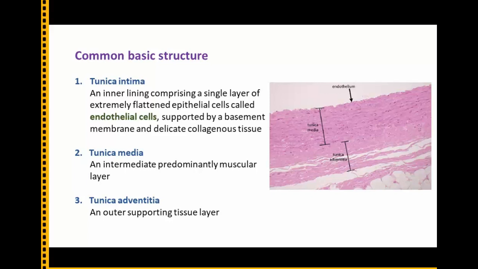Okay. The difference is that from part to part, from heart to arterial system to the microcirculation and to the venous system, the composition of these 3 layers will be different.